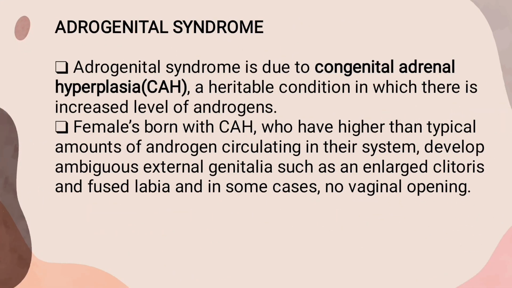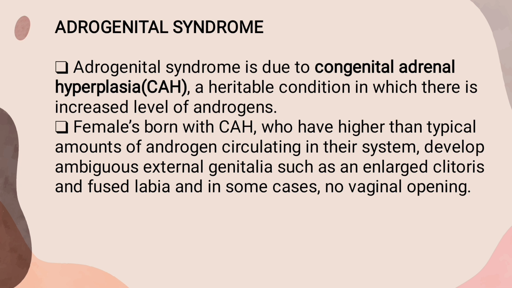Adrenogenital syndrome. Adrenogenital syndrome is due to congenital adrenal hyperplasia, a heritable condition in which there is an increased level of androgens. Congenital adrenal hyperplasia is a group of genetic disorders that affect the adrenal glands.